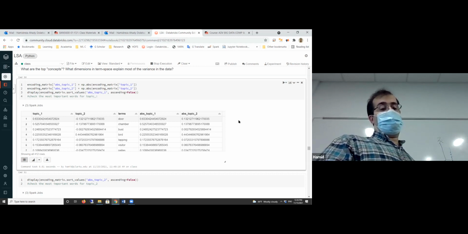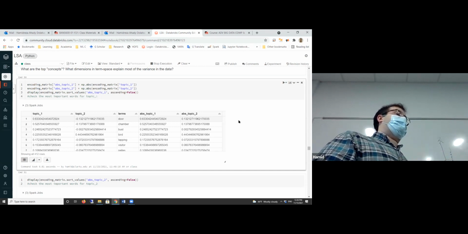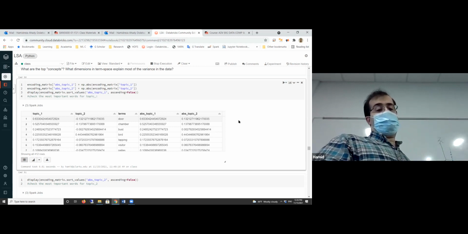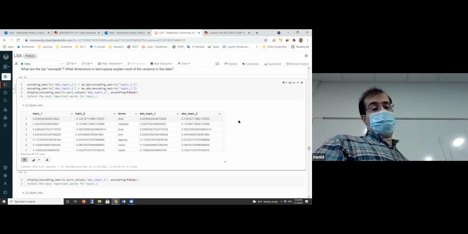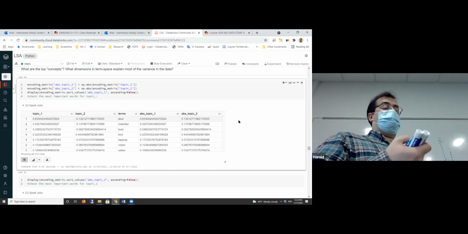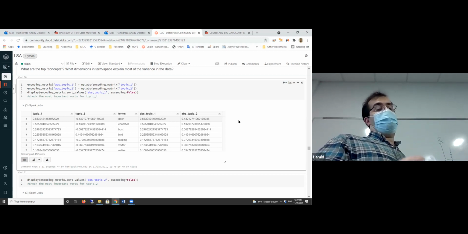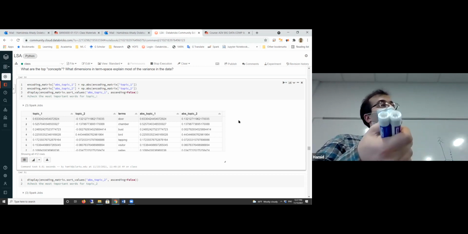If I sort based on that value, look at the terms: door, chamber, makes sense. They could be related, so it makes sense if they have higher values for a certain dimension. Burst, bird, tapping could be, but I think burst and bird are not very intuitive if they have a high value in topic 1 and are close to door and chamber.